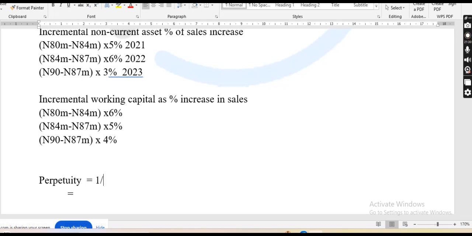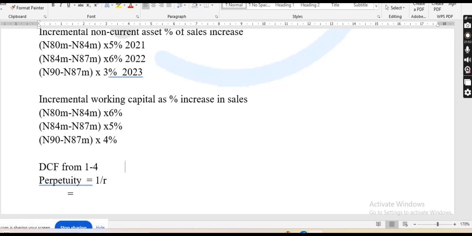I want to do something. Don't worry, we understand. So the DCF, capital letter, from year 1 to 4. What do we have?